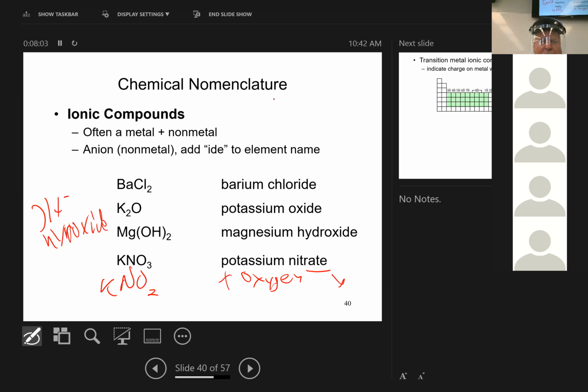What is that compound? Hydrogen iodide. Yeah, what is this one? Hydrogen hypoiodite. Yes, hydrogen hypoiodite.